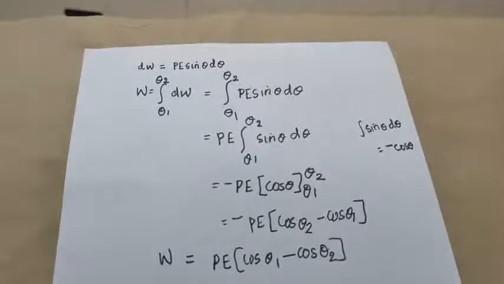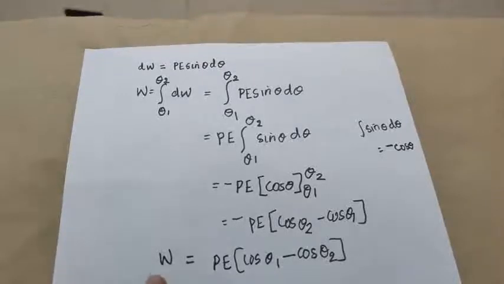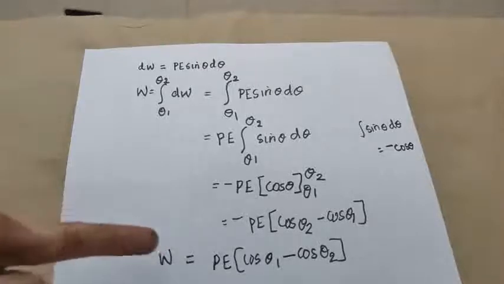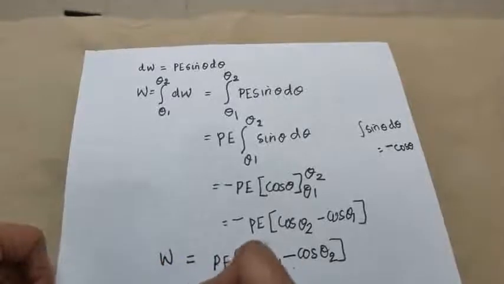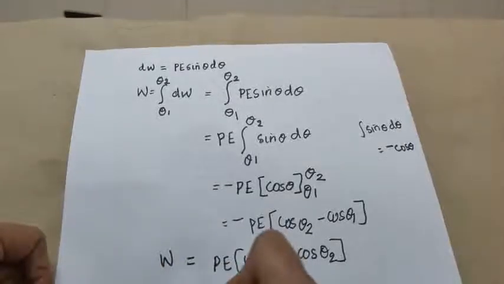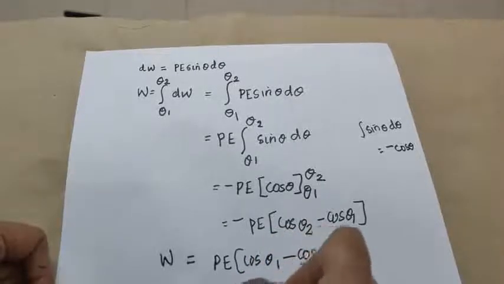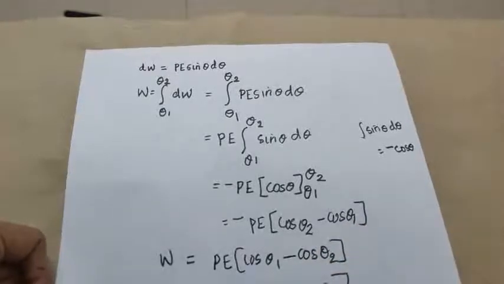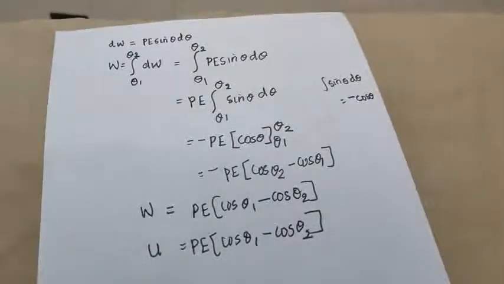This is the work done in rotating the dipole from theta 1 to theta 2, and this work done is stored as the potential energy U. So U is equal to PE into cos theta 1 minus cos theta 2.